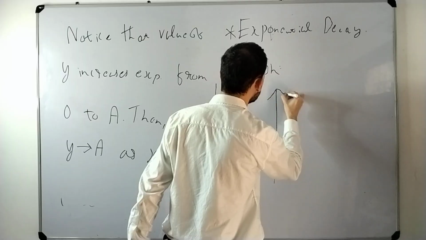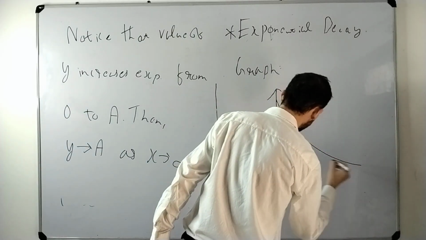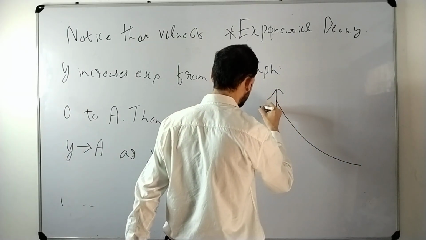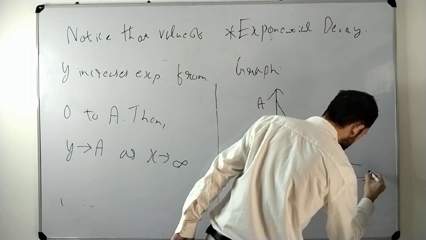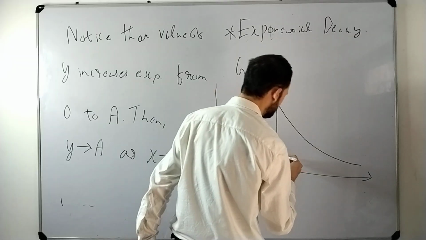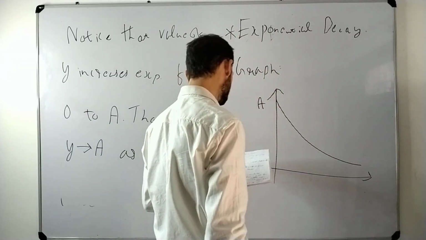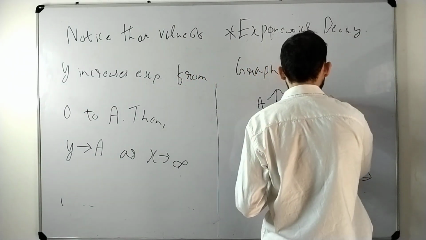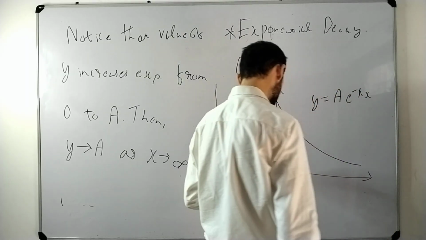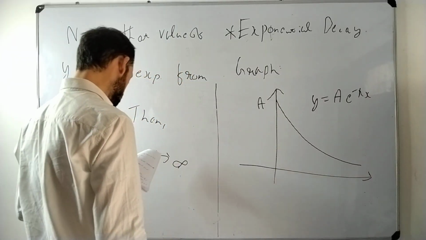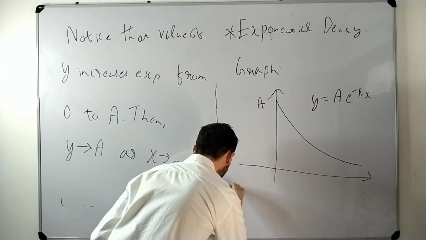This is the exponential decay graph, and its function is y equals a e to the power minus kx. Now I would write again.